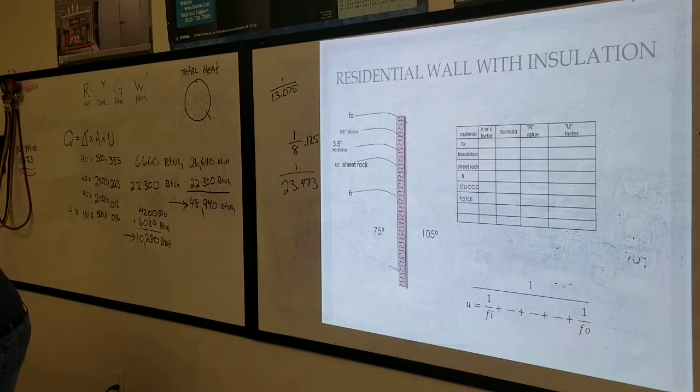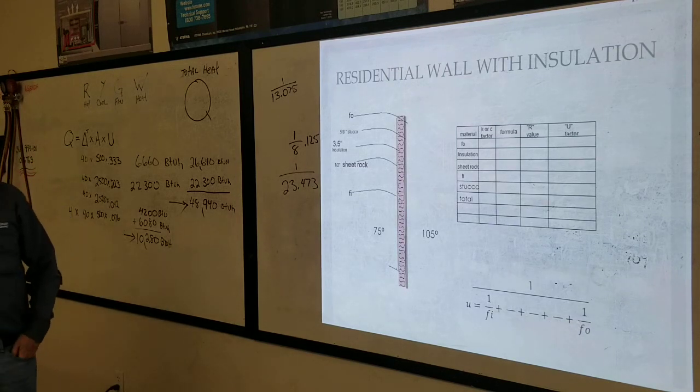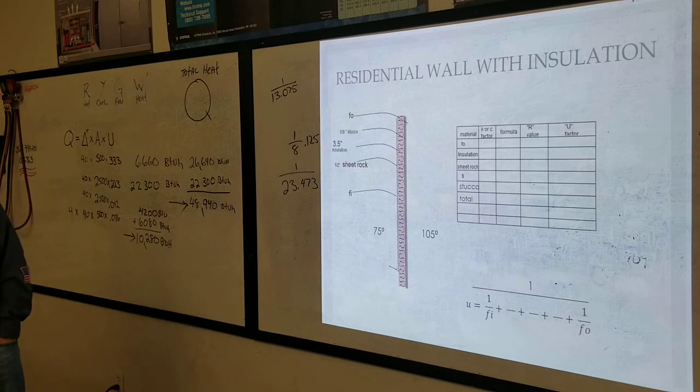Yeah, cement, mortar, masonry materials. So that would be 5 over 0.625. You said 5 over. Yeah.